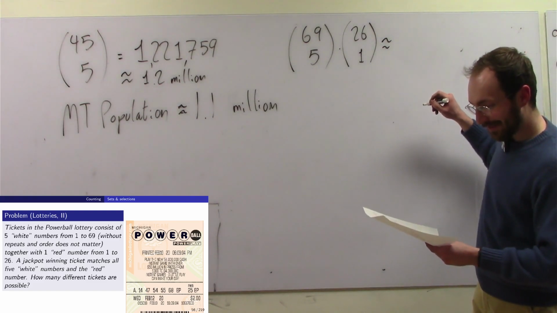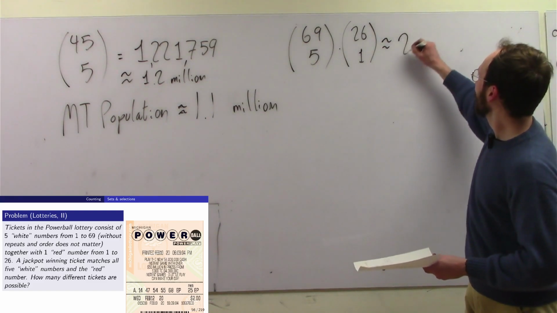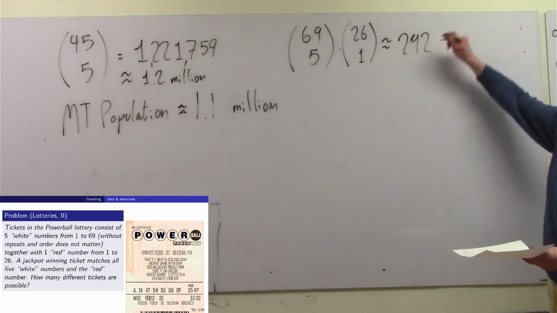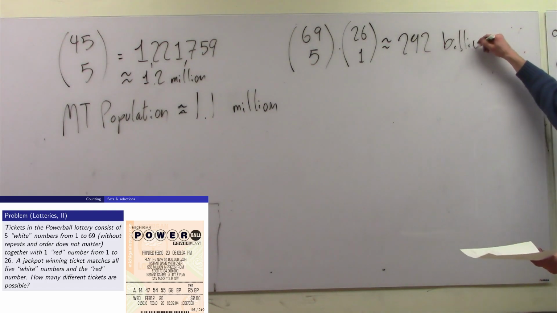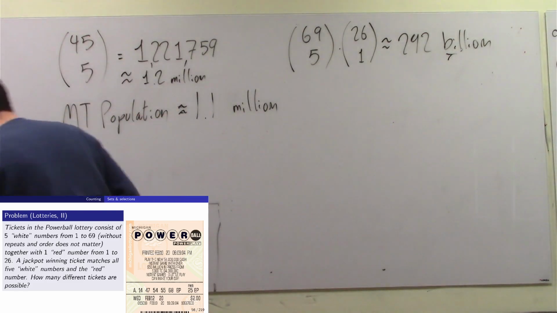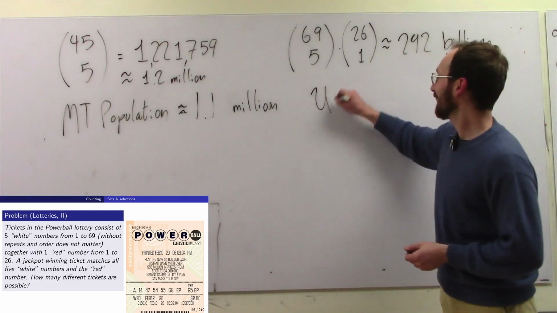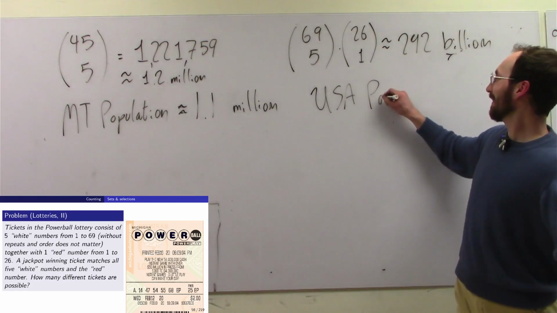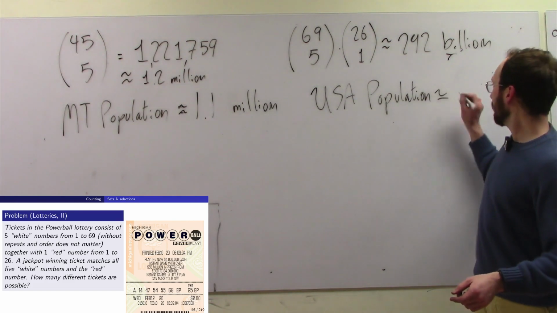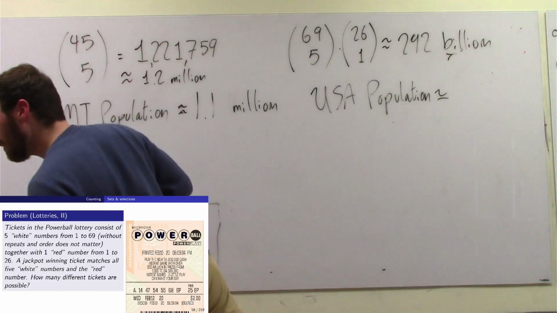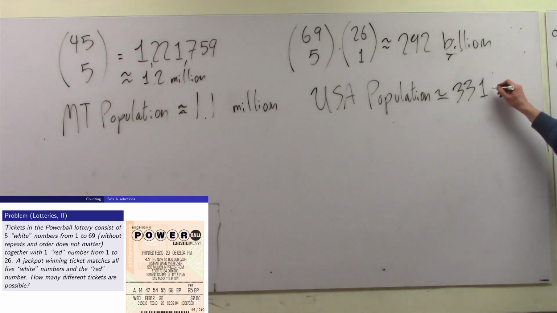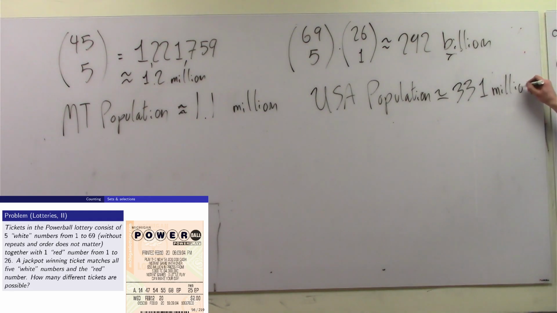But in this case, this is 292 billion. Okay, there's a B now. That's wonderful. Well, how many people are there in the US? Does anybody know? Didn't we say it was like 400 million? That's about what I got. Yeah, the number I found was like 331 million with an M. Oh, right.